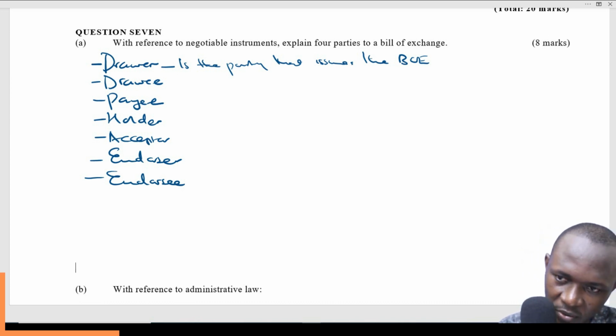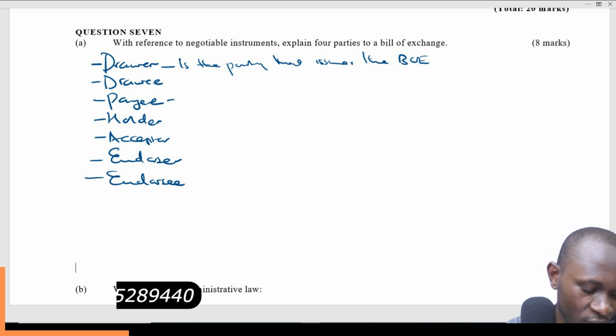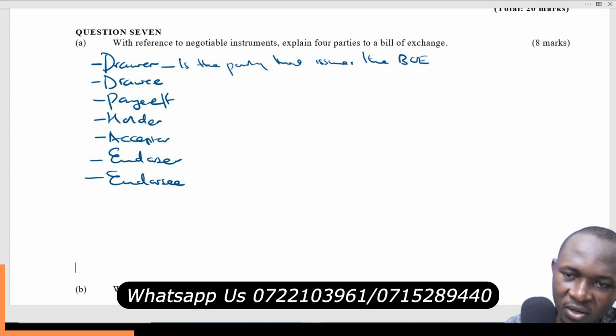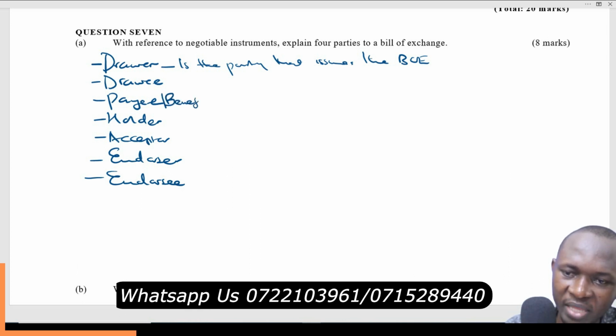And who is he issuing the bill of exchange to? He is issuing the bill of exchange in favor of the payee. So the payee is the one who will benefit from the bill of exchange issued by the drawer.